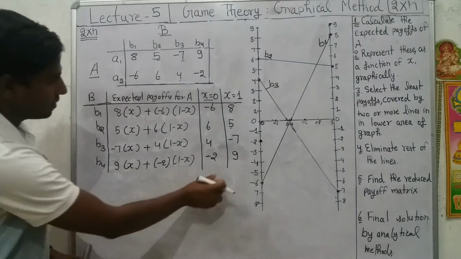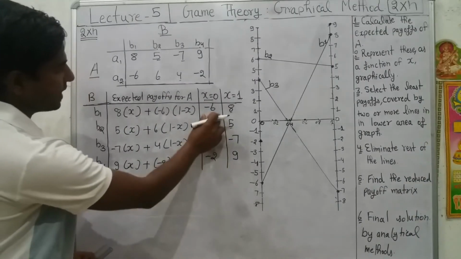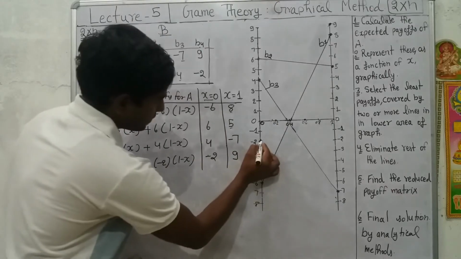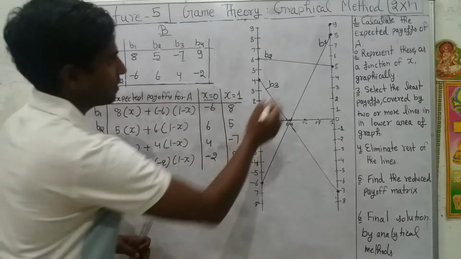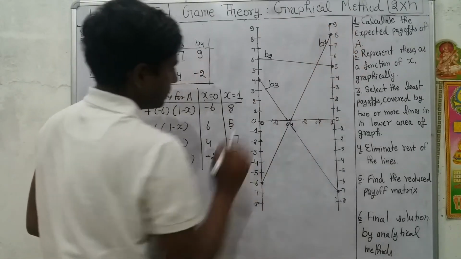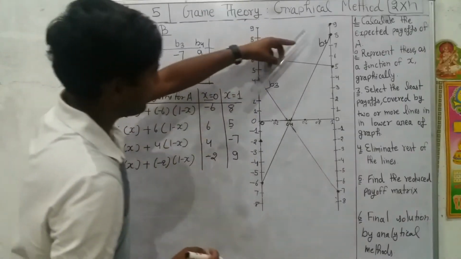For B4, the value when x is equal to 0 is minus 2, that is this point, and when x is equal to 1, the value is 9, the topmost point of this line. So again we need to join them.